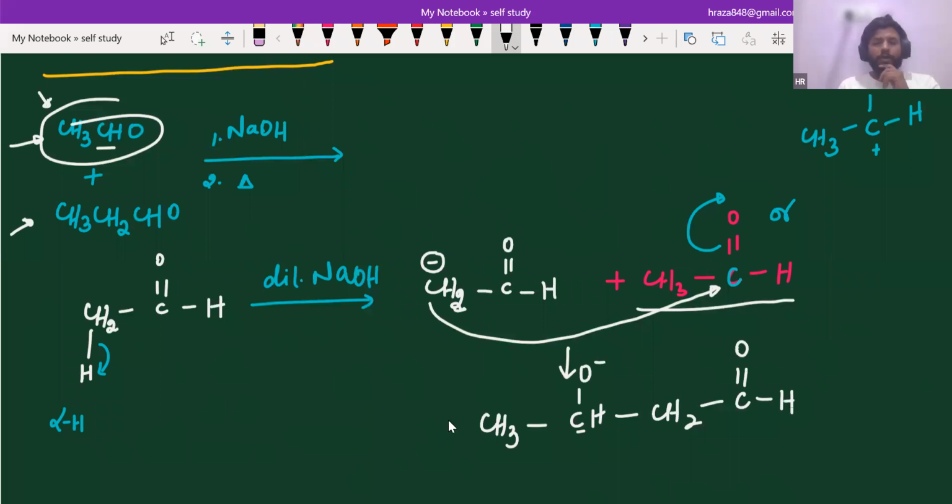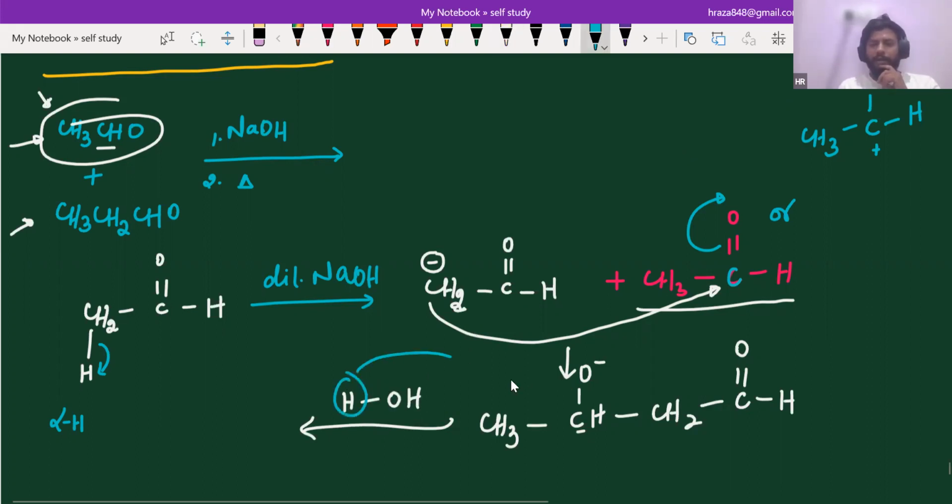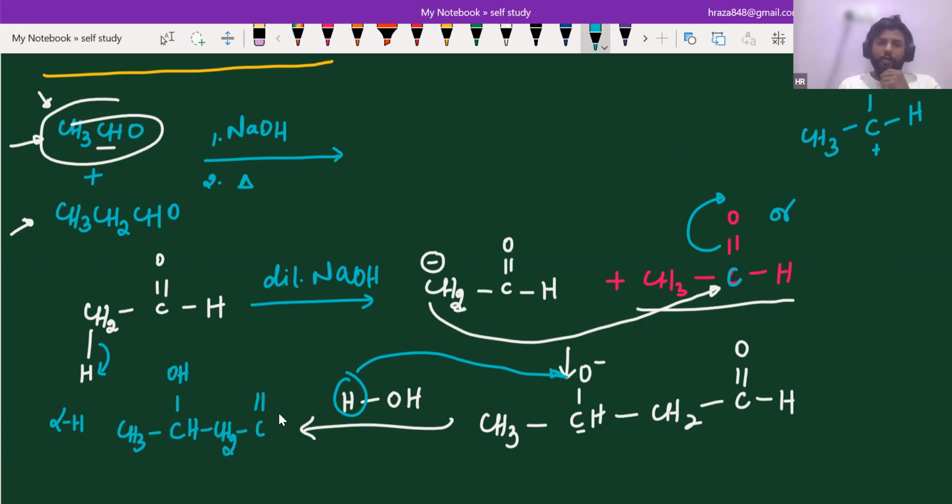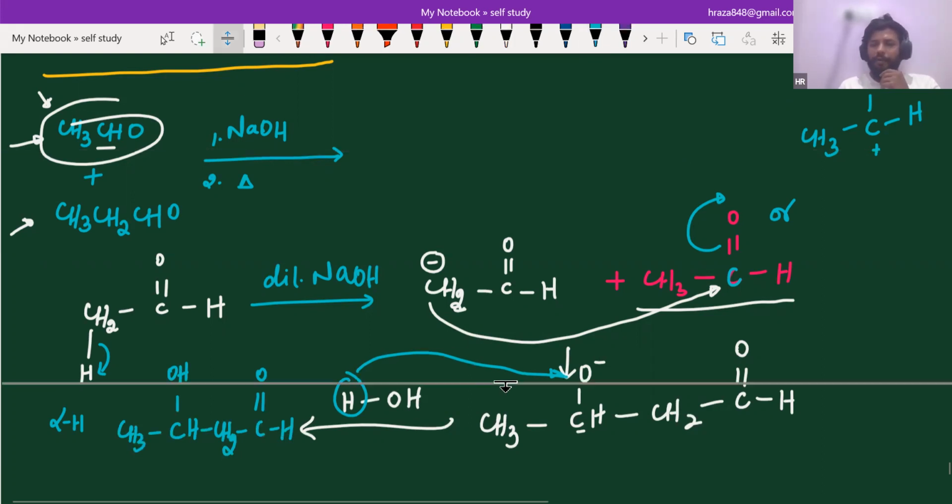Now what you need to do is hydrolysis, that means HOH, using H2O, from which H plus will attack this O minus and it will become alcohol. This will be your product before condensation: OH, then CH2, and then C double bond OH.